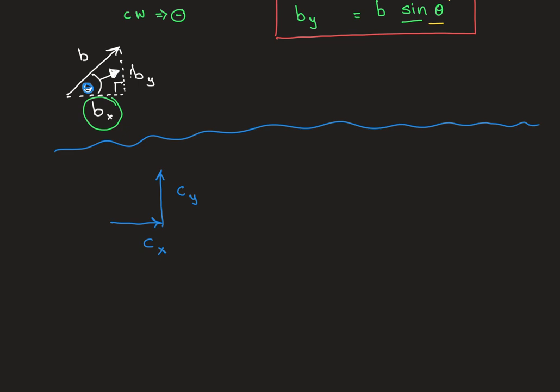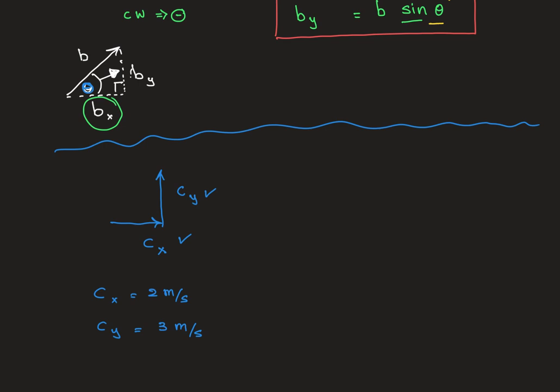Okay, now they are given to us as values. Let's say Cx is given to us as 2, let's say it's a velocity vector, and then Cy is another one that's given as let's say 3 meters per second. I'm just making up these numbers.